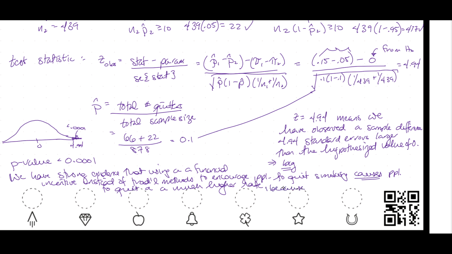Because we have a large effect and a small p-value.